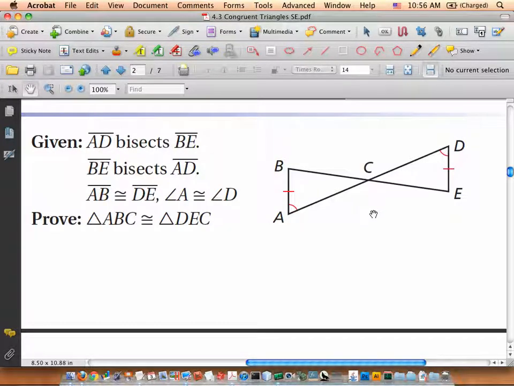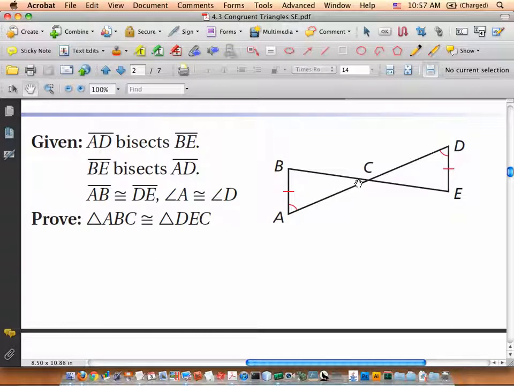What bisects? Yes, there is a midpoint here. Where is it coming from? It's coming from the given, isn't it? Right here, AD bisects what? So that means that point C is the midpoint of AD. So if C is the midpoint, that means that AC is congruent to DC.